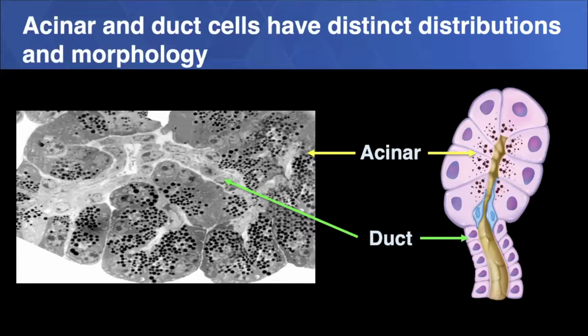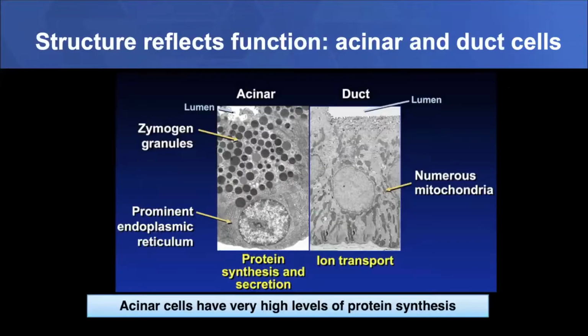The ultrastructural morphology is better shown here in these electron micrographs. Shown to your left is an acinar cell as compared to a duct cell, and even for non-scientists, it's pretty easy to see that these are quite different. The large dark granules are the sites in which we store our digestive enzymes, and they're going to be secreted into the lumen, shown above, at the time of a meal.